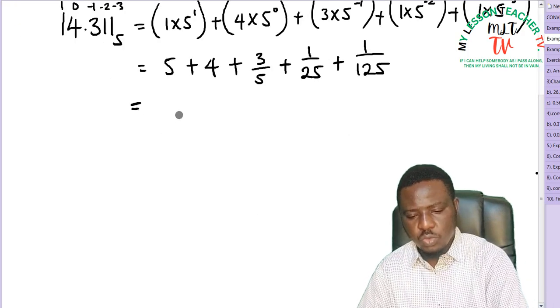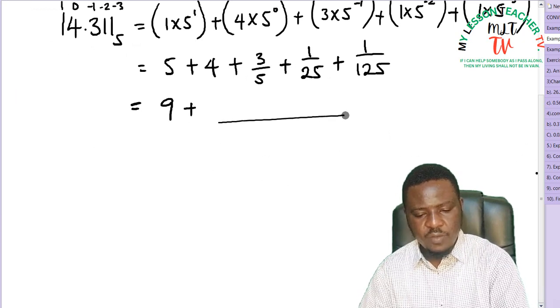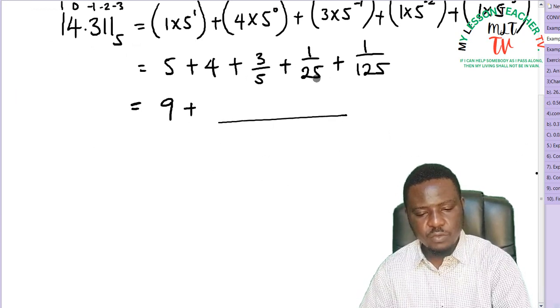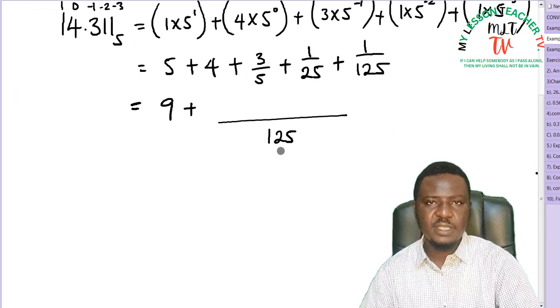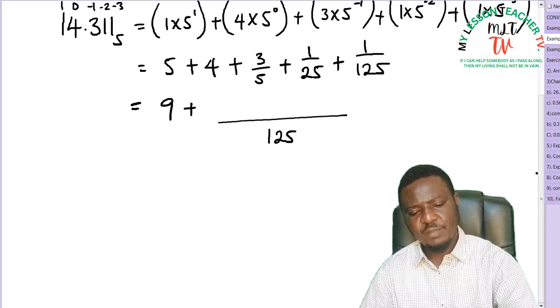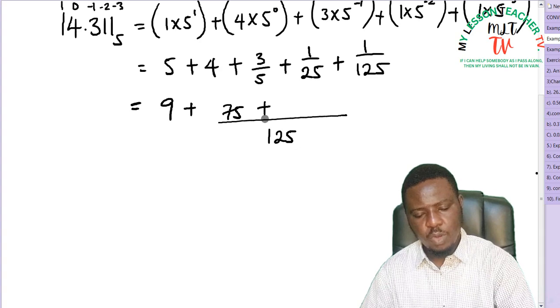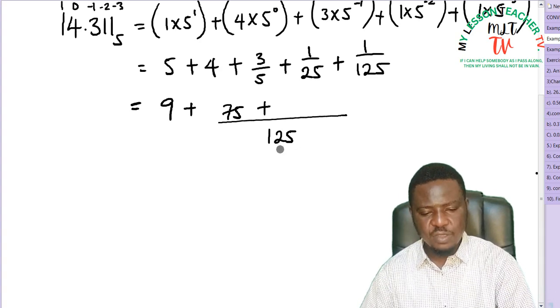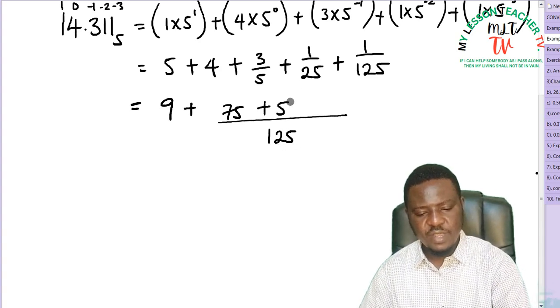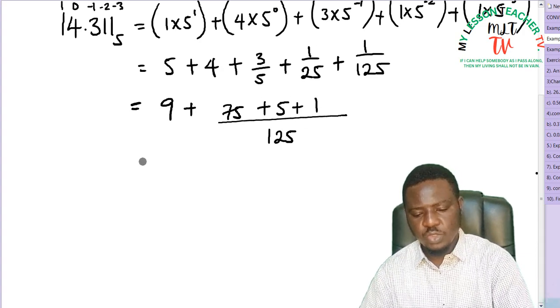This is equal to, add up the whole number part, we have 9 plus, find the LCM of 5, 25, 125, which is 125. 5 into 125 gives us 25 times, and 25 times 3 is 75, plus 25 into 125 is 5. 5 times 1 is 5, plus 125 into 125 is 1. 1 times 1 is 1.